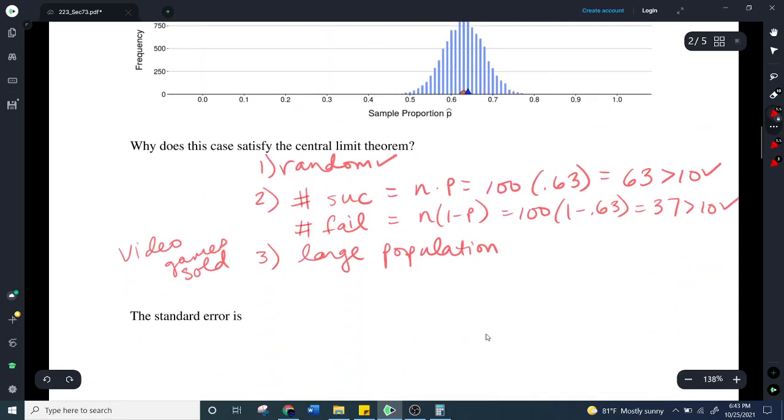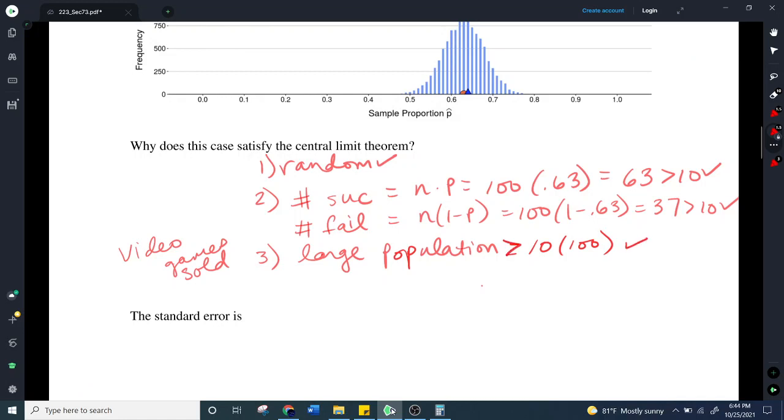So the sample size is 100. So if our population needs to be at least 10 times the sample size, so 10 times 100, of course, the population is greater than that. So we are good on the population.